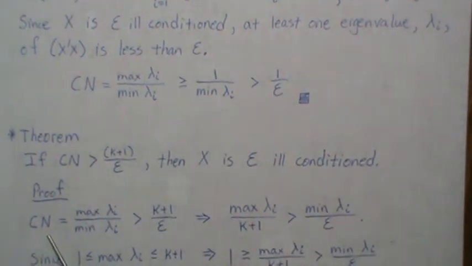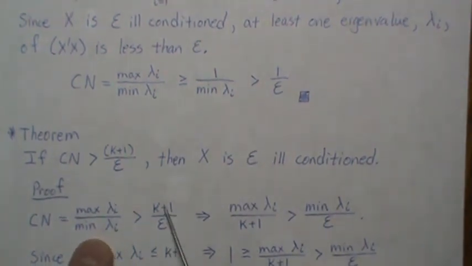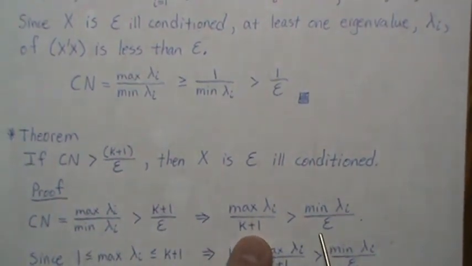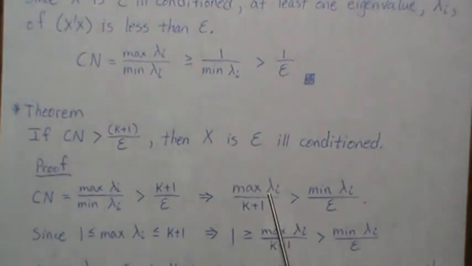So the condition number is this maximum eigenvalue over the minimum, and we're saying that it's greater than K plus 1 over epsilon. Now let's cross multiply this, and we get this. Right? Now the maximum eigenvalue is between 1 and K plus 1, right?